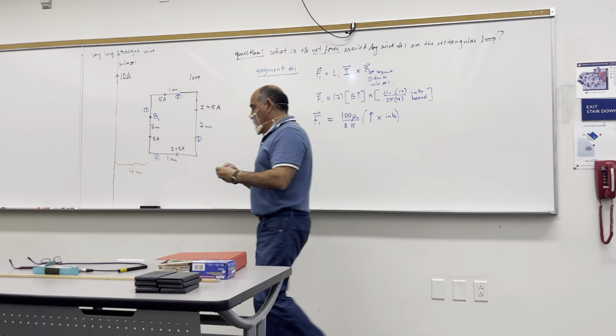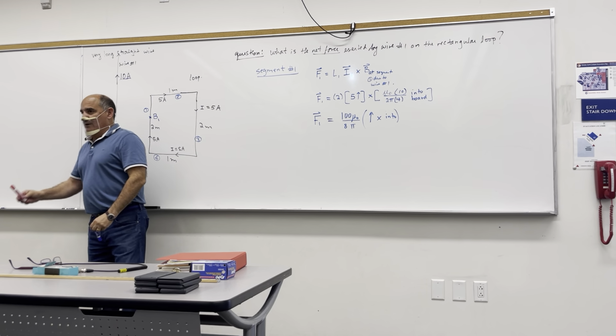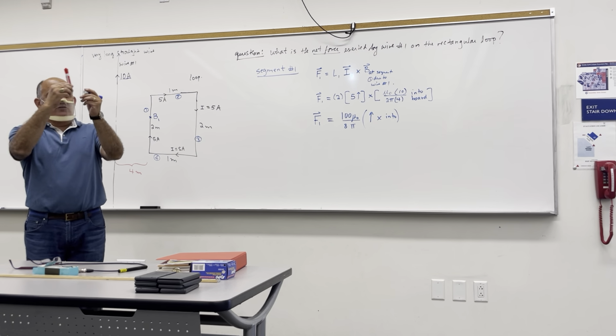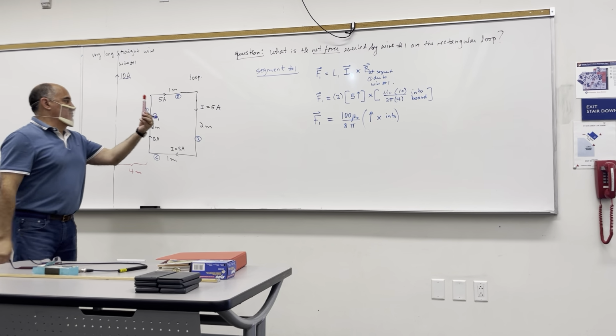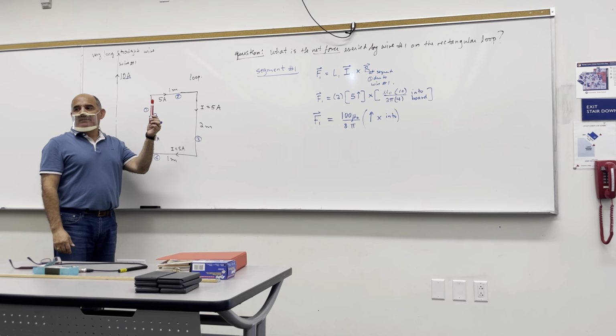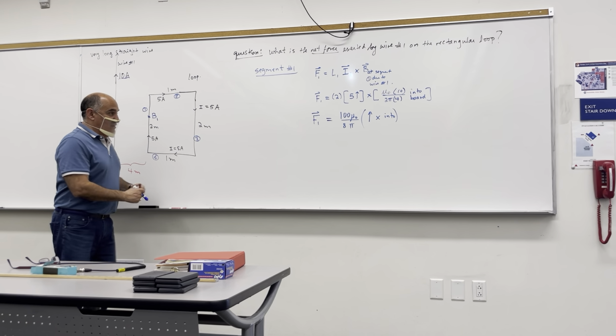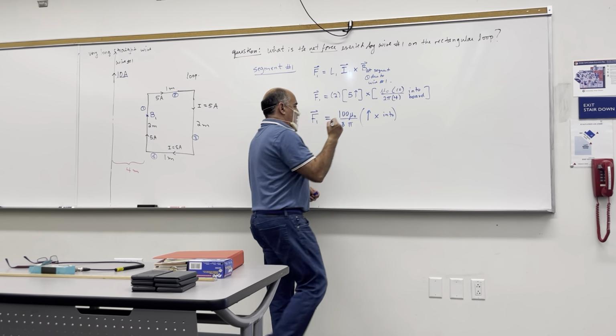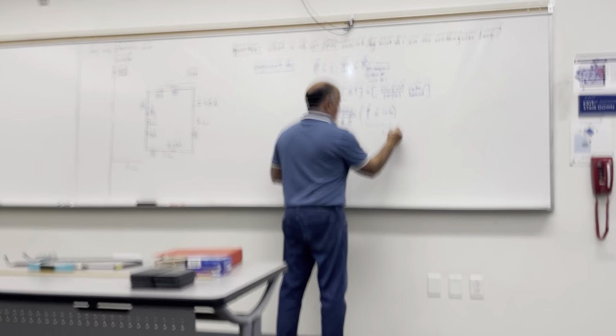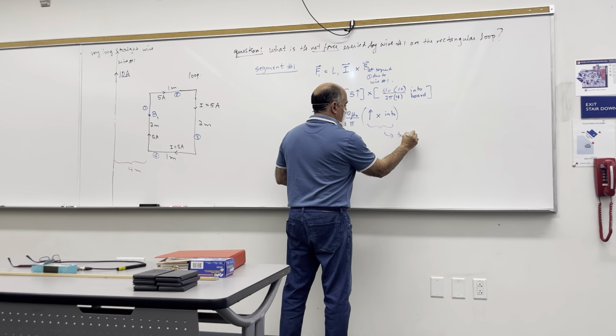So what is the cross product of up, cross, into? Into is into, up. Like red cross blue. To the left. Okay, so this, in other words, is being attracted by the long wire, right?